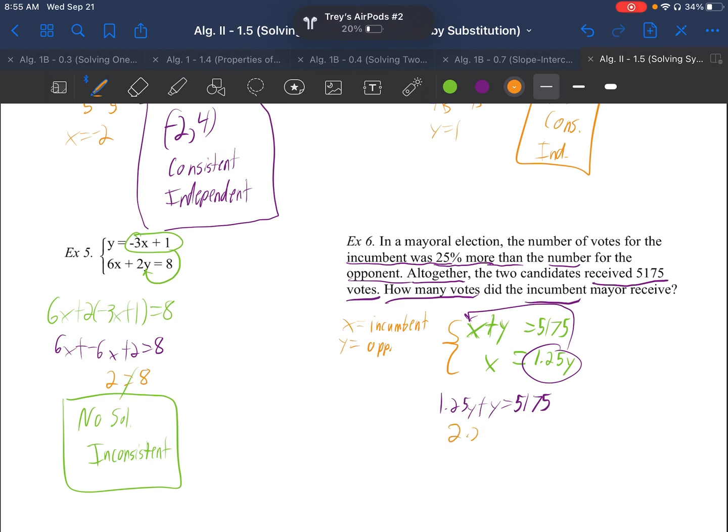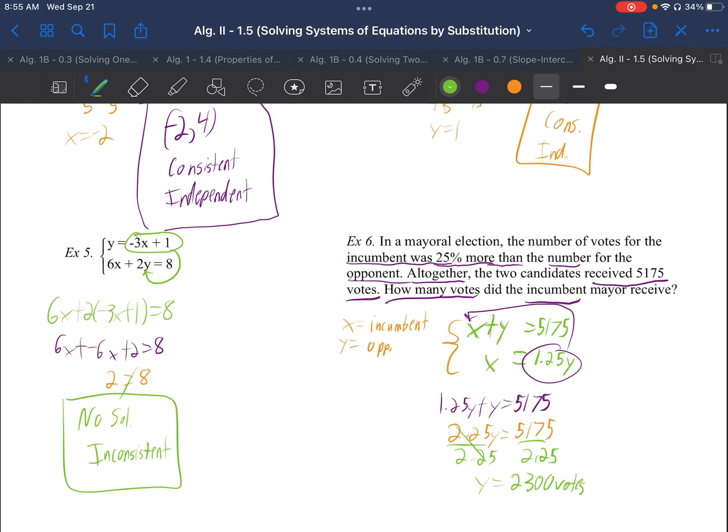Combine like terms and get 2.25y is equal to 5,175. And just because there's a decimal, it won't change what we do. We're still going to divide by 2.25 because it's multiplying with y. And thankfully we have calculators to say, hey, 5,175 divided by 2.25 is 2,300 votes for the opponent.